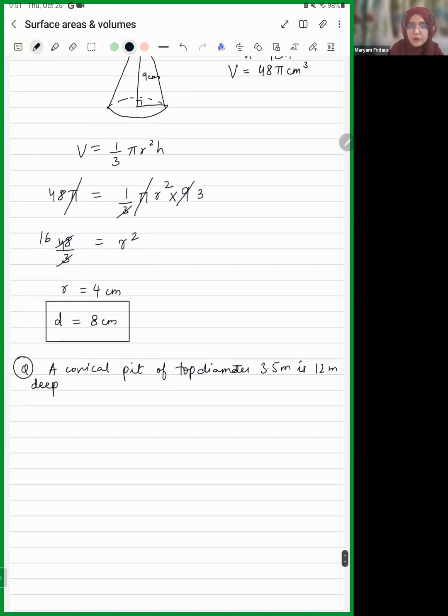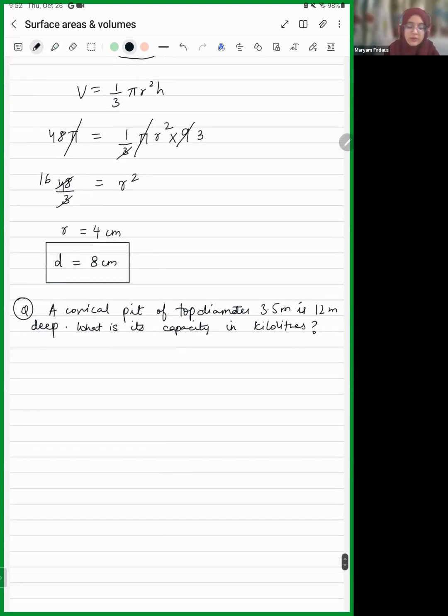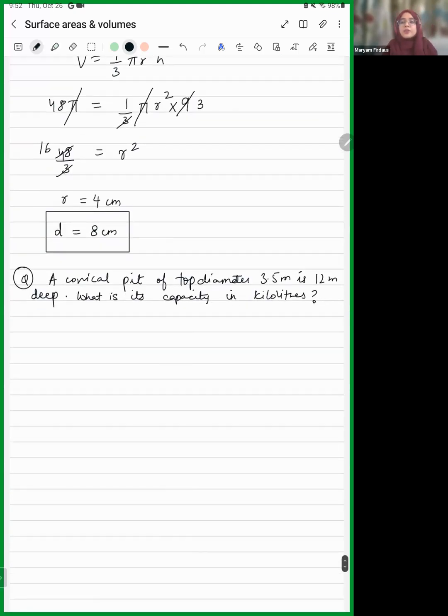And then I will ask one of you to show me the diagram. Please make the diagram. What is its capacity in kiloliters? Okay, so I'll give you 2 minutes to draw the diagram, everyone.